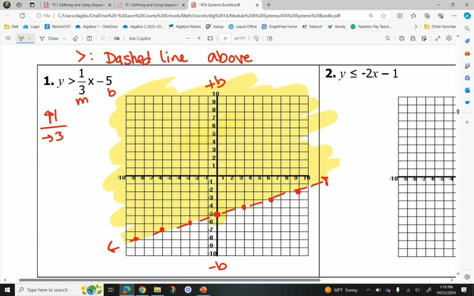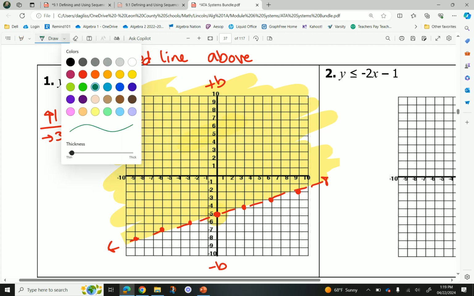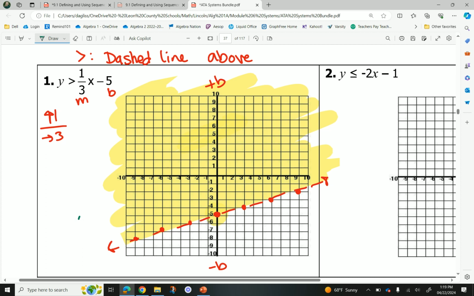Let's also test. Greater than, you go above. Less than, we're going to go below. If you want to test a point instead, the origin is always a great go-to because they're both zeros. So instead of y, I'm going to put 0 greater than 1/3 times 0 minus 5. What is 1/3 times 0? 0.